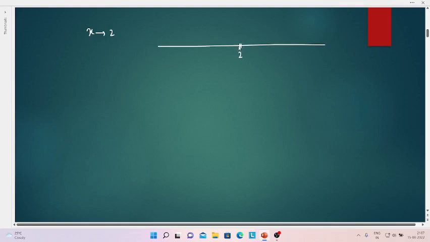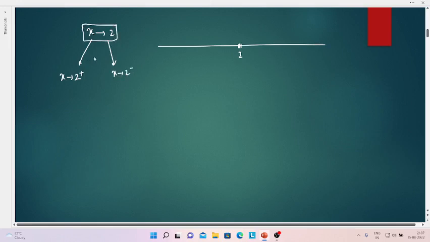Similarly, 1.9999 something is on the left side of 2 and very close to 2. So basically, limit x tends to 2 implies two varieties of limit. One is x tends to 2 plus, another is x tends to 2 minus.